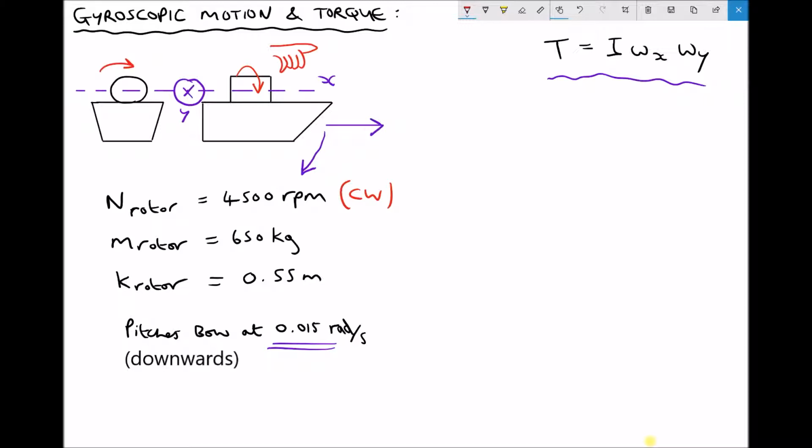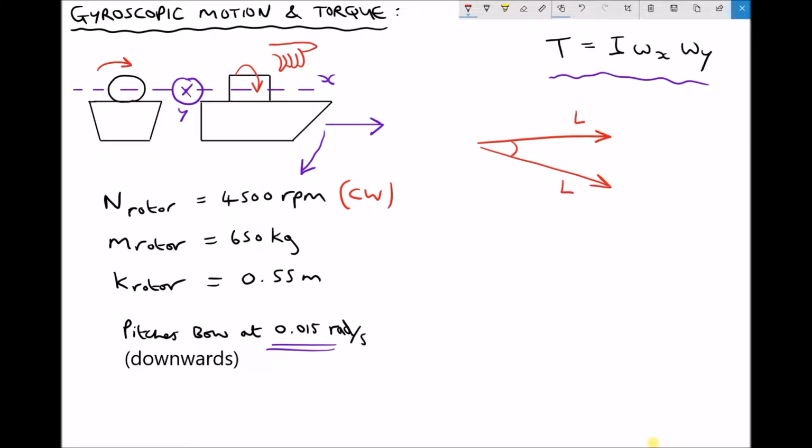What this means is the direction of the angular velocity and the angular momentum vector for the motor is in the x direction, or forwards. But when we pitch the bow, the direction of that vector is going to change, and it's going to begin pointing downwards at a slight angle. Now that angle is going to change the further the boat pitches. But the important thing here is the direction of our angular momentum vector has changed.